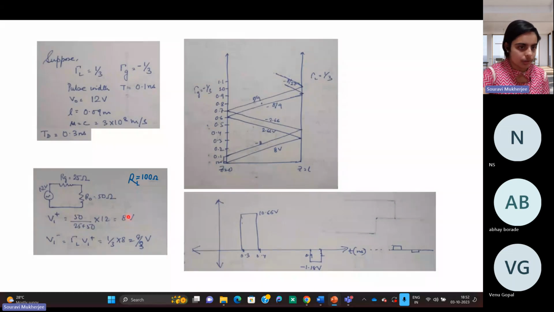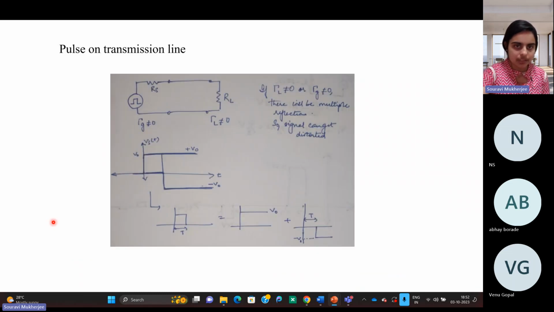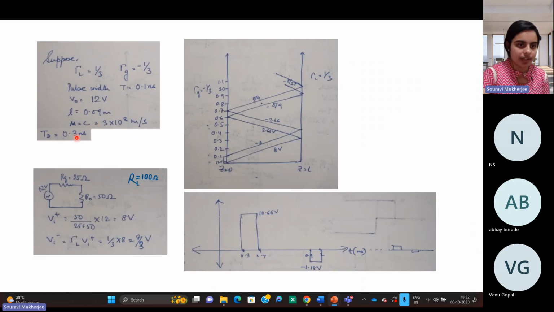Now if you know that, you can also find the reflected voltage, because you already know the reflection coefficient. If you use that, this is the reflected voltage. It is reflecting from the load side. It's important to note that this is happening at the load end. If V plus is here, how much of it will be reflected? That you find.